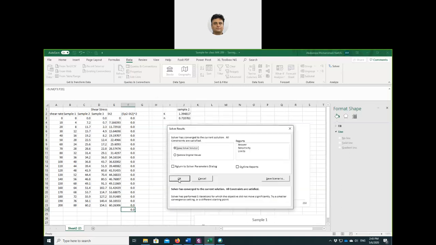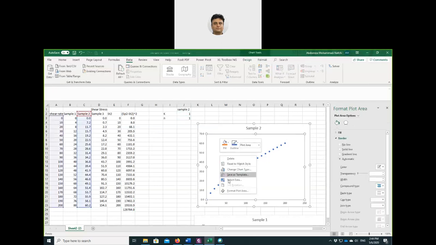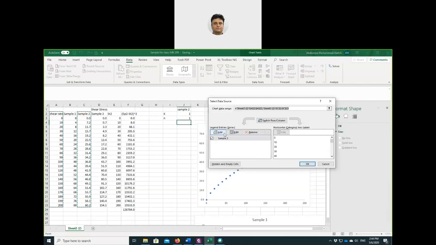Means that K is 1.39 and N is 0.71. I want to draw this one. I want to put again this one 1 and this one 1. Again, I want to draw and show you what will happen.